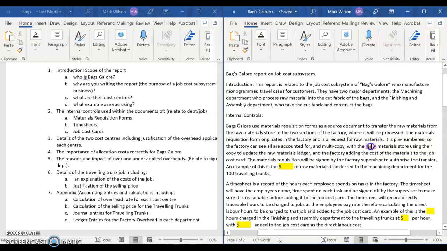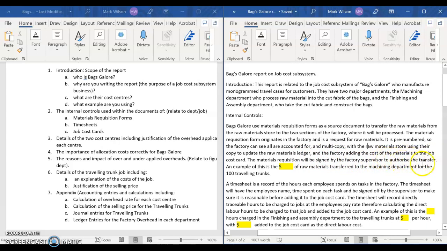Because it's got that pre-numbered part in there, that is an internal control. The so part gives you the merit part, it justifies. And you probably want a couple of others there too, so you can choose a couple of others on page 263. I said it will be signed by the factory supervisor, again, to authorise that transfer.